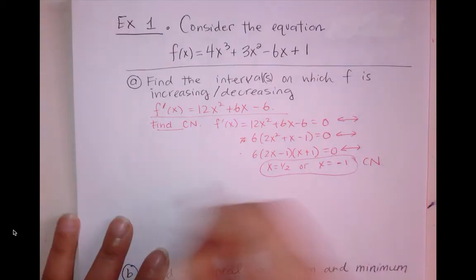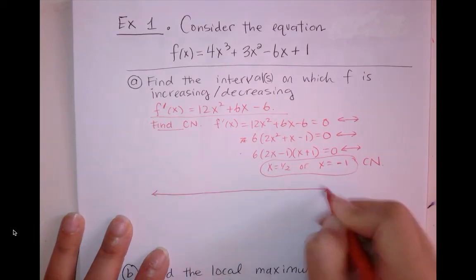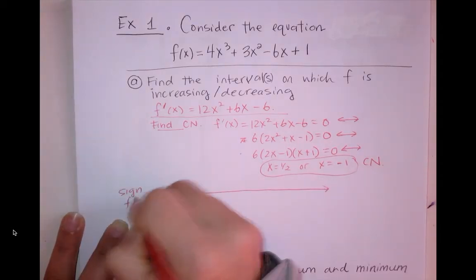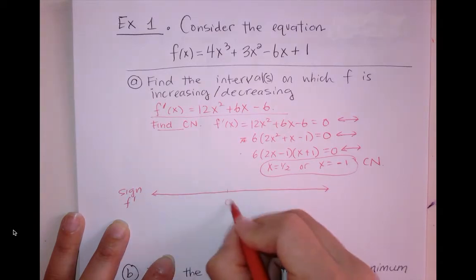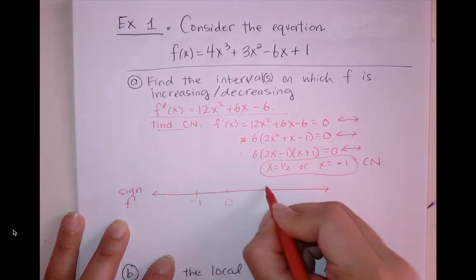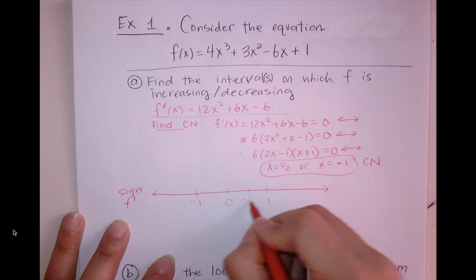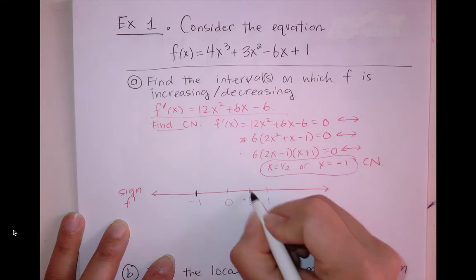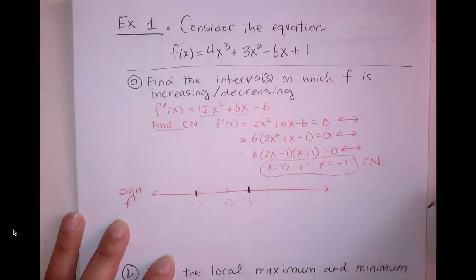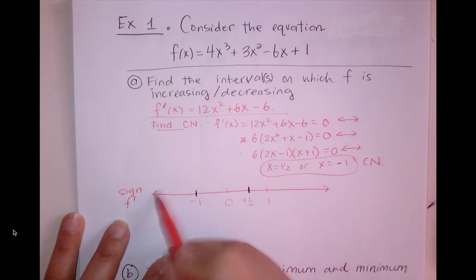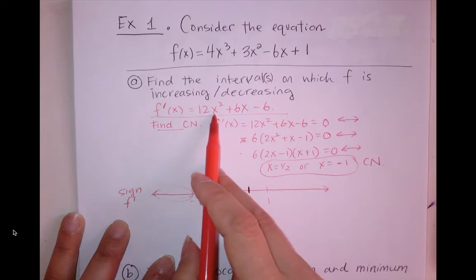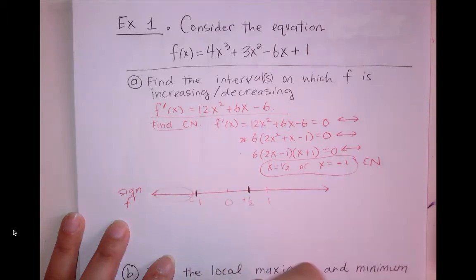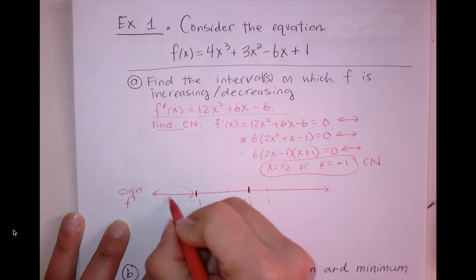Next, I'm going to test the sign of f prime. I know that if the derivative changed sign, it could only have changed sign at -1 or 1/2, because those are where it crossed the x-axis. So I'm going to pick a value from each interval and test it in my derivative to see if it's positive or negative. We're going to test f prime of -2.